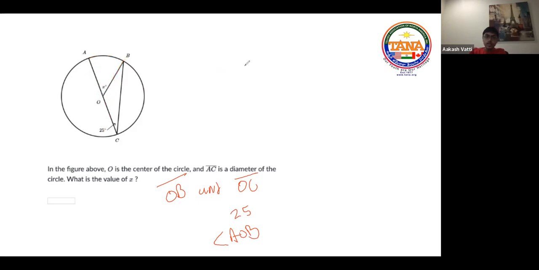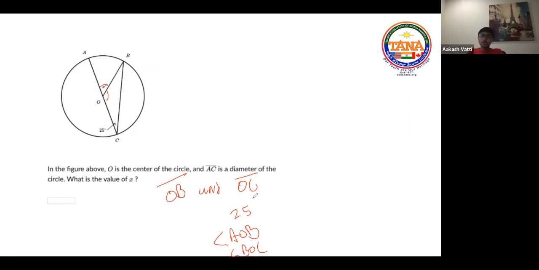And since angle AOB, so AOB would be this one, and angle BOC would be this one, are supplementary angles because this is a straight line that goes across, that means they have to add up to 180.